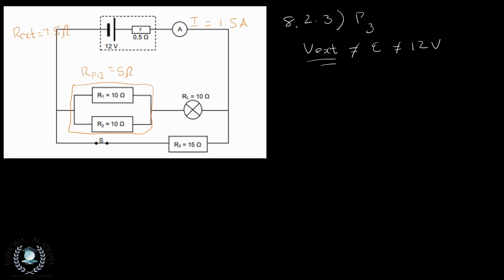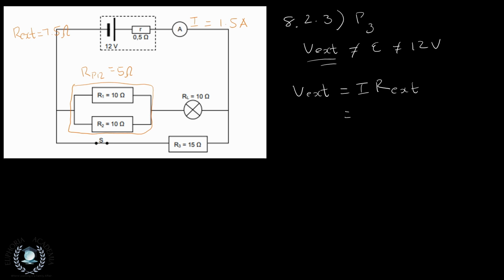To find our V external, we're going to use Ohm's law, which states that the voltage is directly proportional to the current. So our V external is equal to our total current across the whole circuit multiplied by the external resistance.